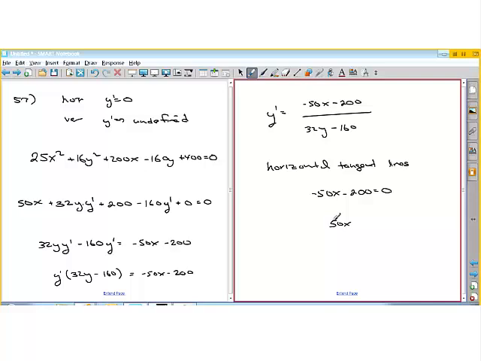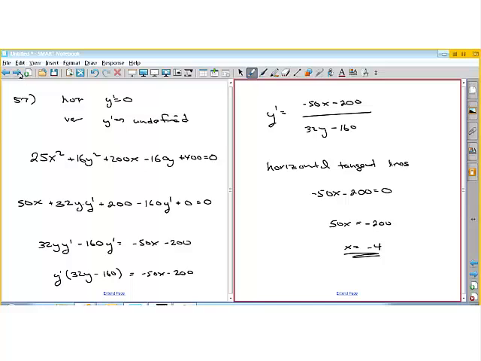So that gives you 50x is equal to negative 200, or x is equal to negative 4. So that's the x value, and there are two y values. If you put in negative 4, you can solve for the y values associated with that, which I'm going to do in a second.